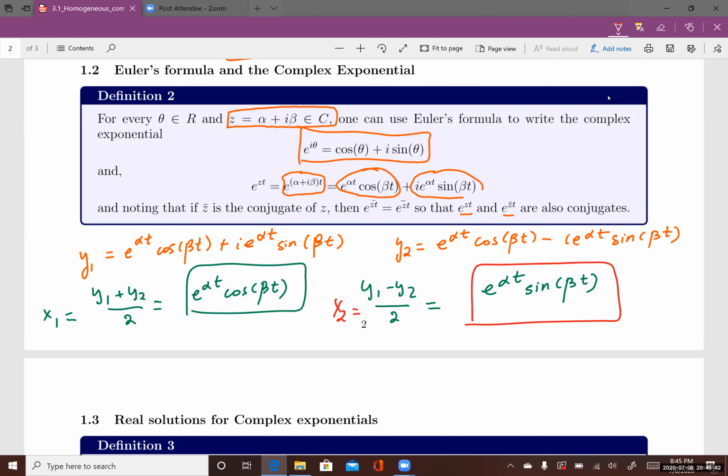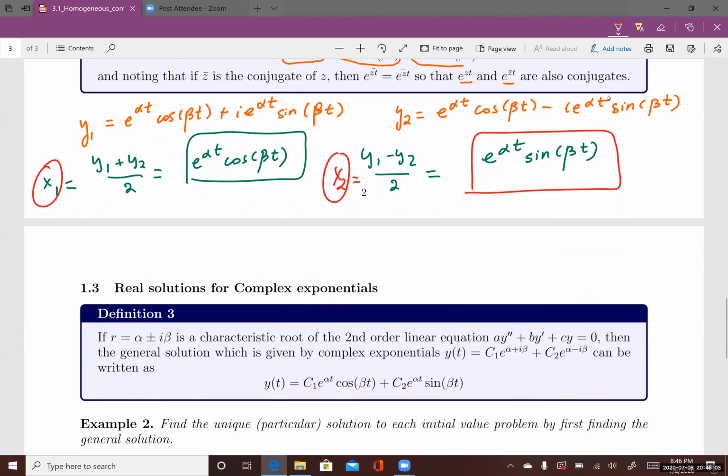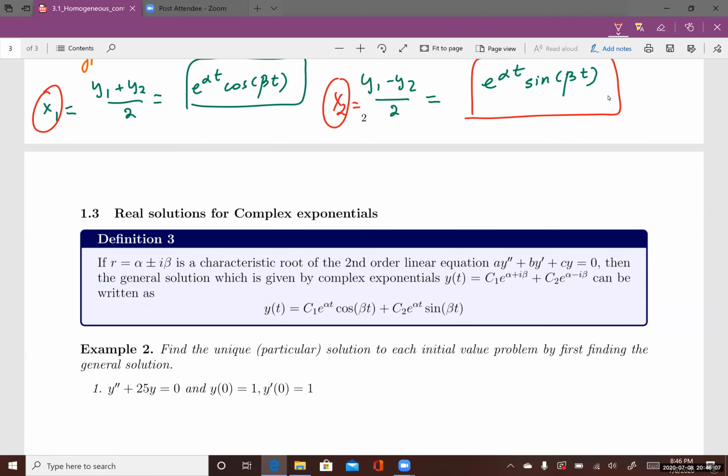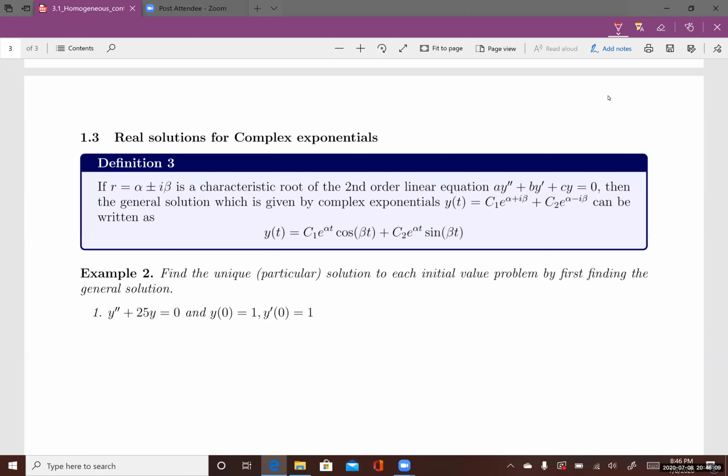So we have two real solutions here, e to the alpha t cosine of beta t and e to the alpha t sine of beta t. You see that this is how we're extracting the real part of the solutions to find the real solutions for the differential equations. All right, so let's summarize what we just did.